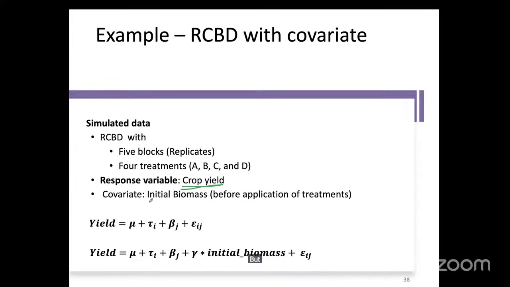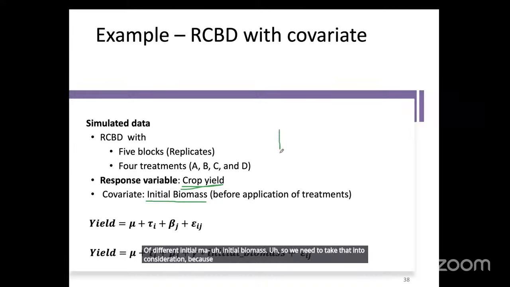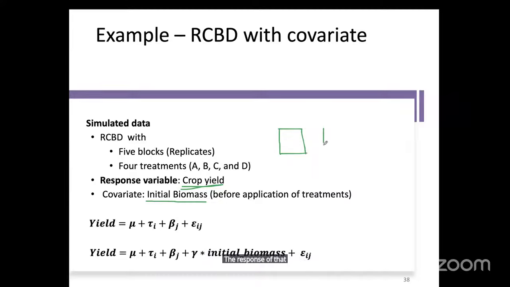But we realized that before we applied our treatment, the different plots have different initial biomass. We need to take that into consideration, because a plot with high biomass is likely to respond differently from a plot with a low initial biomass.